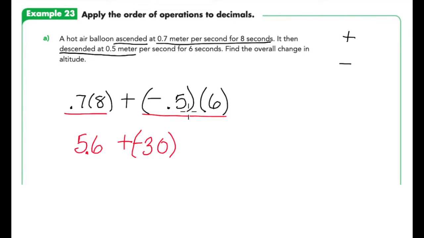But there was also one decimal place, so that's actually a -3. So now we know that the plane ascended 5 6/10 meters, but then descended 3 meters. So we have a positive plus a negative. We're going to subtract these two.